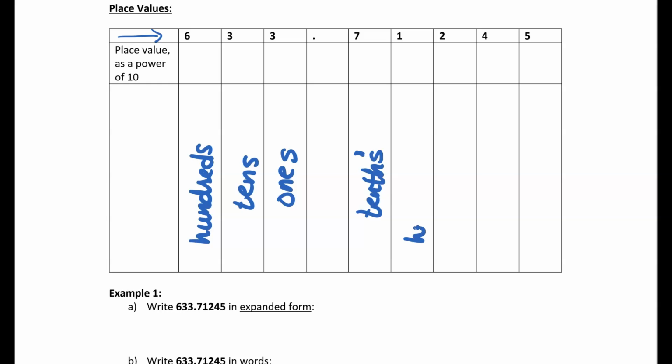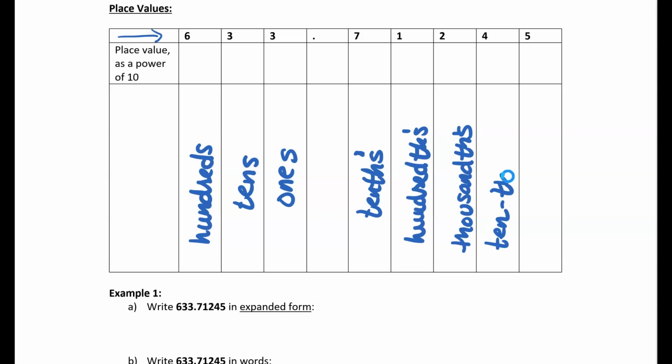The next place would be the hundredths place, and then we have the thousandths place, and the 10 thousandths place, and the 100 thousandths place.